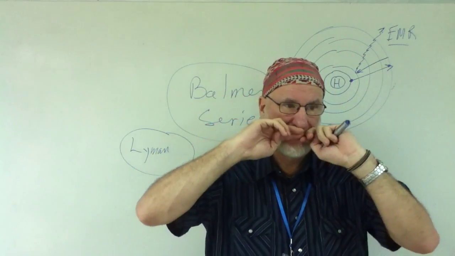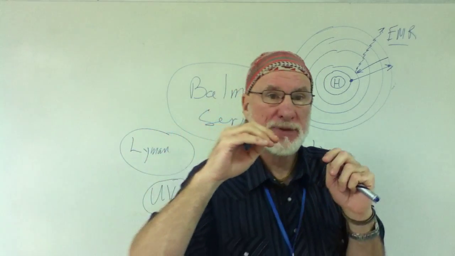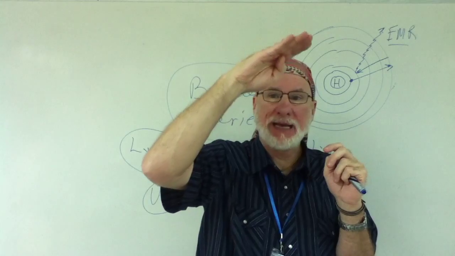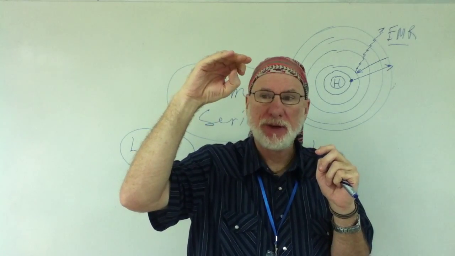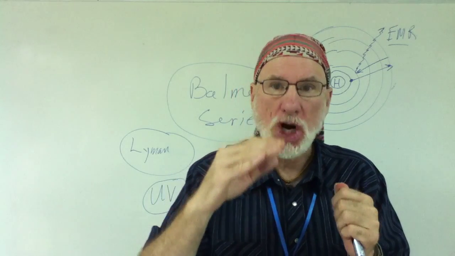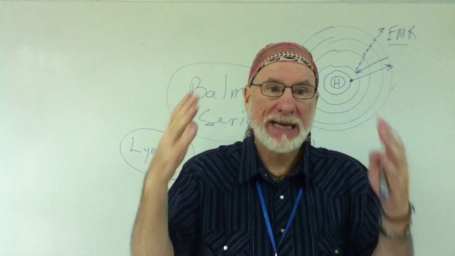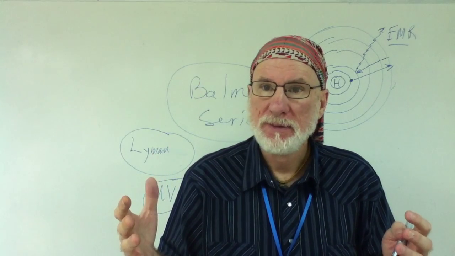What are the max peaks really in each period? If you look at an ionization energy chart, what are the max peaks? What are they? The maximums, what are they?